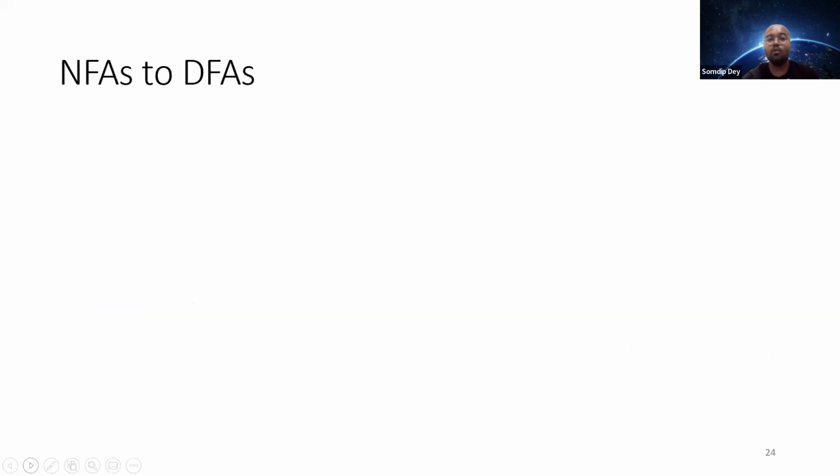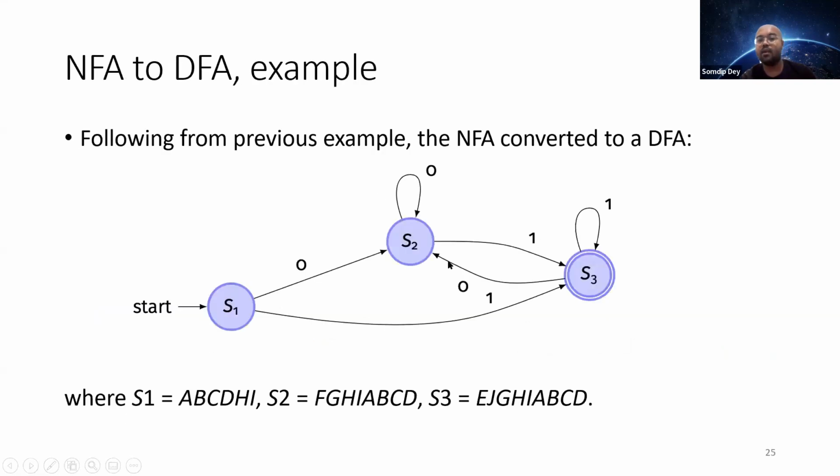So that's how we are consolidating each of the states from the NFA to create new states for the DFA, so that we do not again have any epsilon moves or any multiple states.